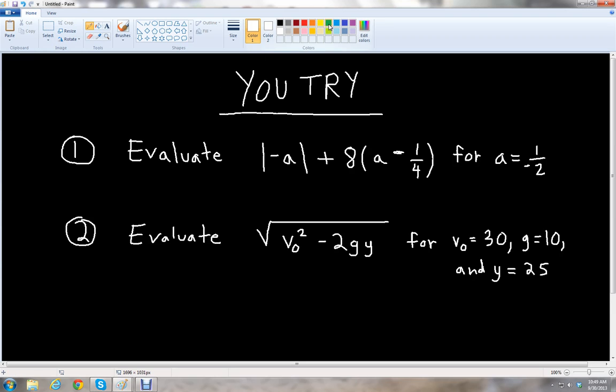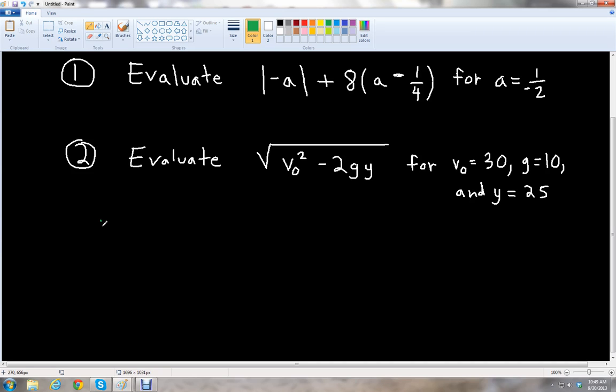Okay, so let's go over the answers. For the first problem, we have the absolute value of negative a plus 8 times the quantity a minus 1/4, for a equals negative 1/2. So we're going to plug in this value, negative 1/2, for a.